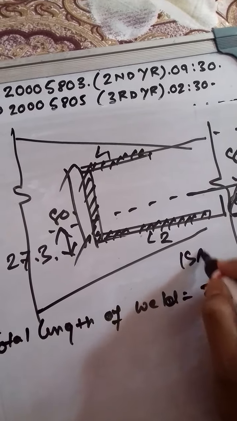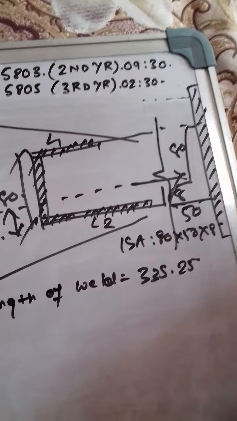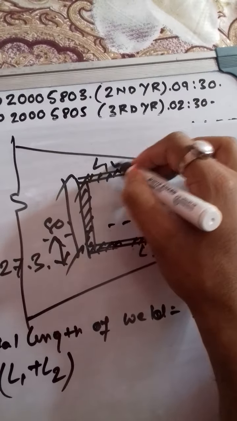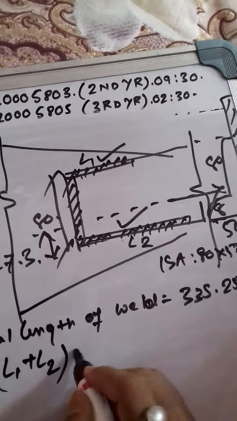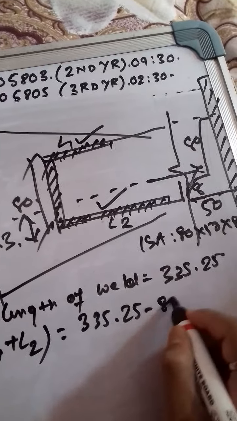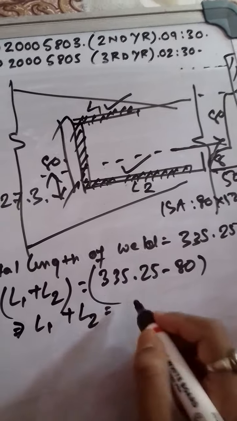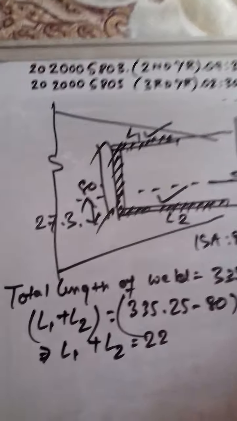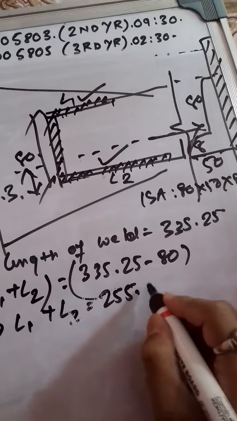So the angle was ISA 80 into 50 into 8, right? So L1 plus L2 combined, that is this side and this side, should be equal to the total length of the weld minus 80. So it is 335.25 minus 80. So L1 plus L2 is equal to 255.25 mm.